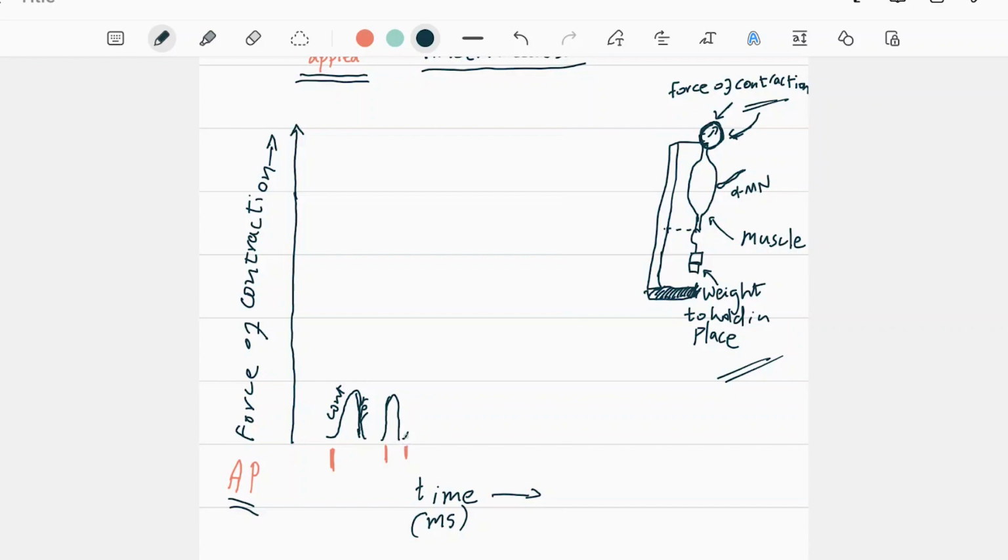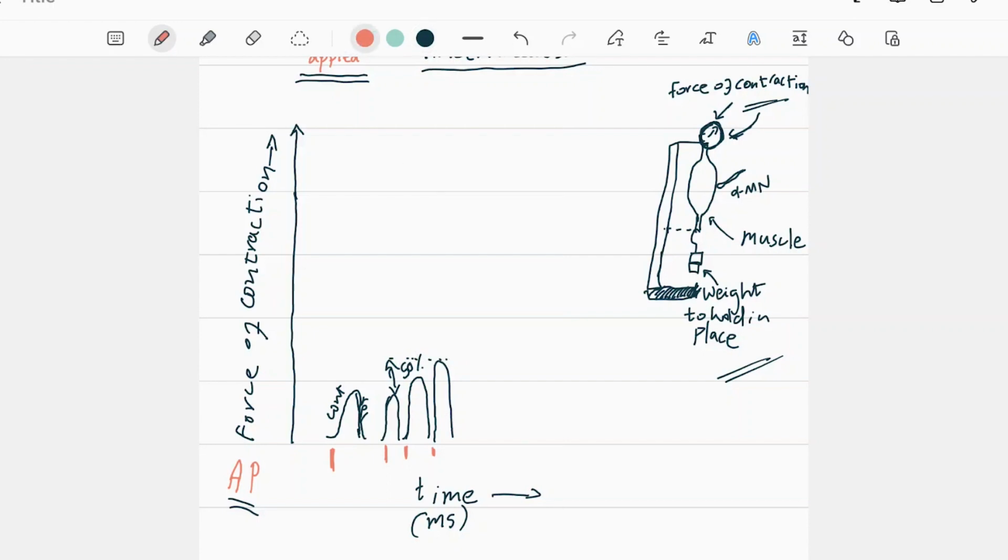I'm going to get another contraction and relaxation, but the strength developed, the force of contraction, is going to be a little higher, and after this also completely relaxes, I'm going to give an action potential here. This will cause a slight increase in strength of contraction again. So you could see that there is an increase in the strength of contraction by up to 50%.